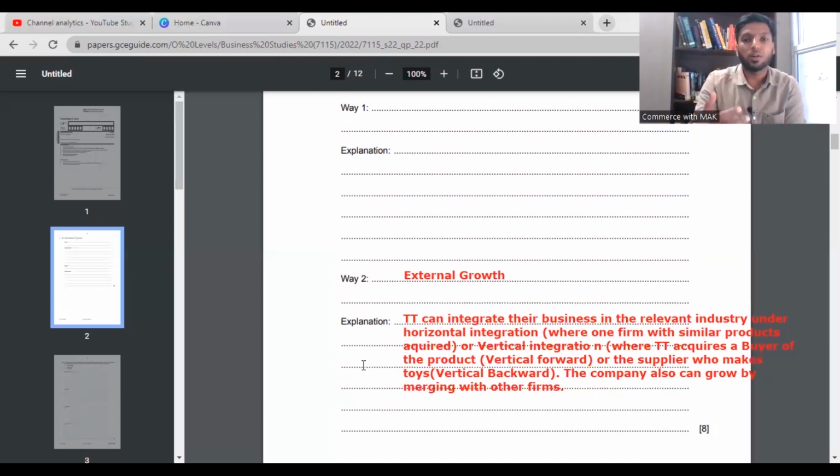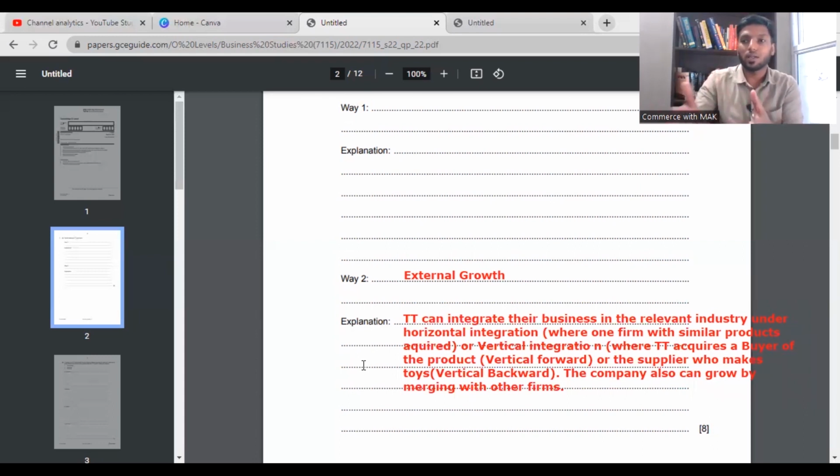Here, on the first way, we did the internal growth. In the second, we gave an external growth, and also explained how a business can integrate with another industry. When they are involving with another industry, they can increase the number of ways they move on to the channel of communication. So here they have vertical integration, forward and backward.